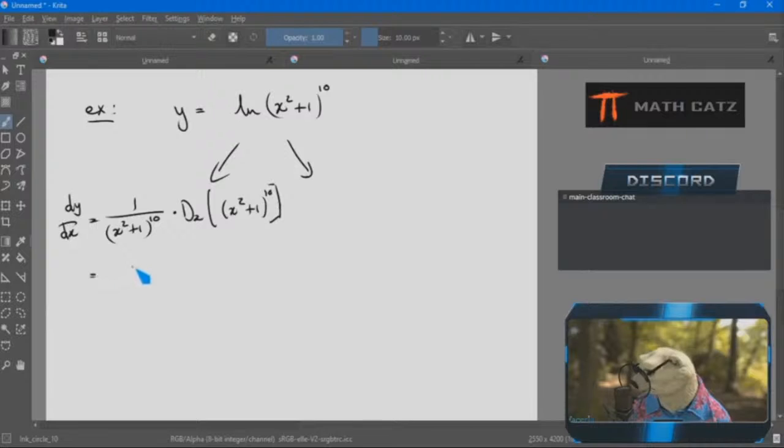So then this one would require, I'm just going to copy this first part. It's done. That's another chain rule. Function of a function. Inside function now is x squared plus 1, inside something to the power of 10. So the derivative of something to the power of 10 is 10 times the something to the power of 9.